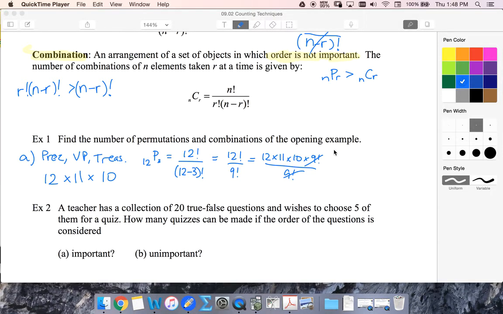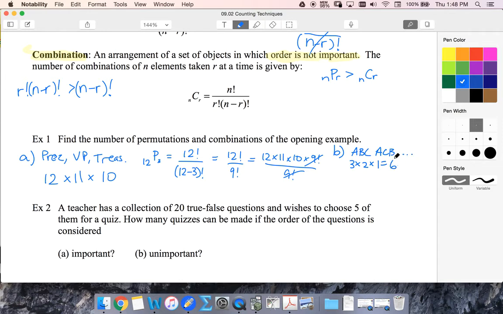Okay, so now to think about part B, we need to think about the way that 3 people can be arranged. If I've got 3 people, A, B, C, I've got 3 choices for the first place, 2 choices for the second, 1 for the third. So I've got 6 possible arrangements: ABC, ACB, BAC, BCA, CAB, CBA.